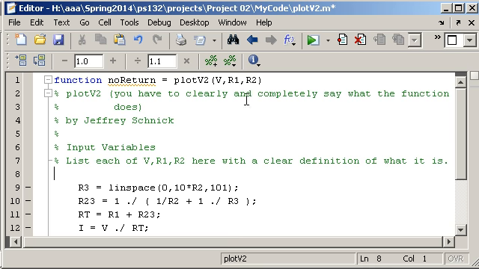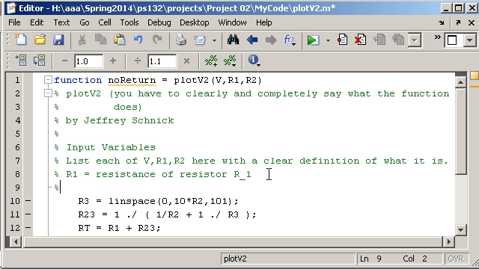If you did a good job in the function description, you can say the resistance of resistor R sub 2. You might want to put R1, for instance, equals resistance of resistor R sub 1, so that it's not that one thing is resistance and the other talks about what resistor it is. That would be a good way to say it, R sub 1, in which case you probably have R sub 1 up here in your description. But you got more to it than that.